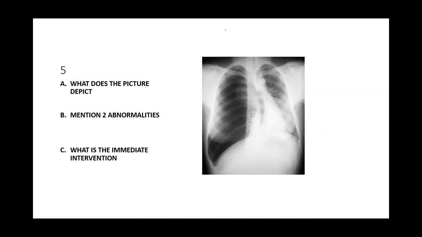You can see there's a mediastinal shift here. Here you can see there is collapse of the lung. This is the breast shadow. Don't think it's the lung. The lungs have collapsed on this side.